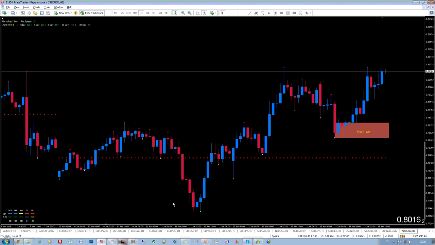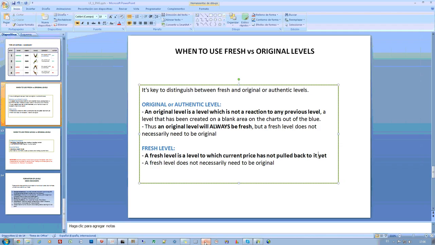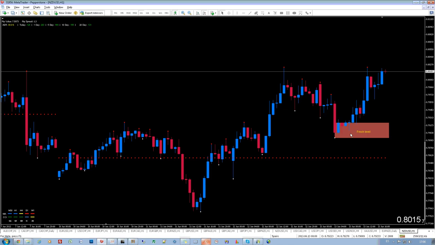But is this an original level? Let's look at the definition of original level. An original level is a level which is not a reaction to any previous level. Is it a reaction to any previous level? We don't know. In the beginning, you have to draw a horizontal line. Is this a reaction to a previous level? The previous level was here.